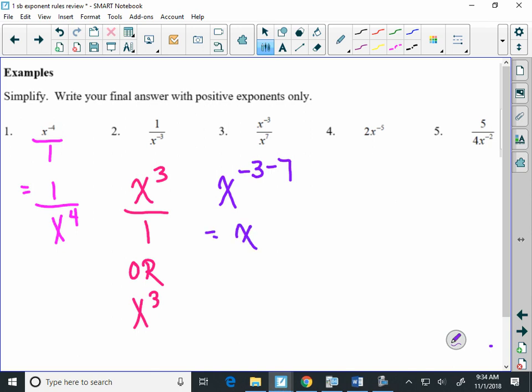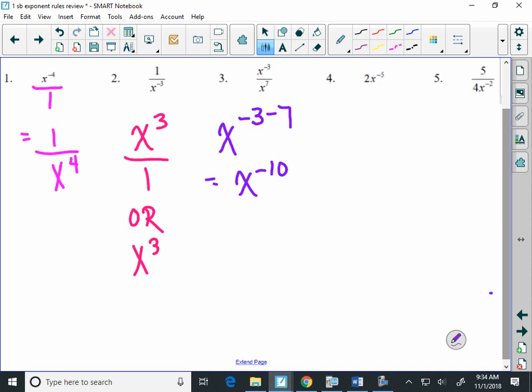This gives us x to the negative 10. But then if we look back at problem number 1, what we see is when we've got x to the negative 10, we need to flip and change the sign on the exponent. So this finally becomes 1 over x to the 10 in positive exponent form, if we're following the directions, writing our final answer with positive exponents only.